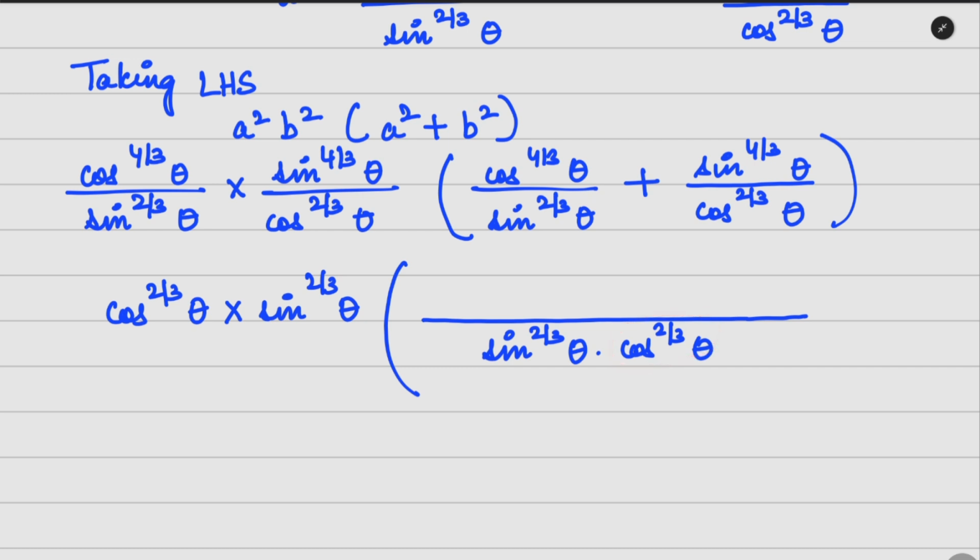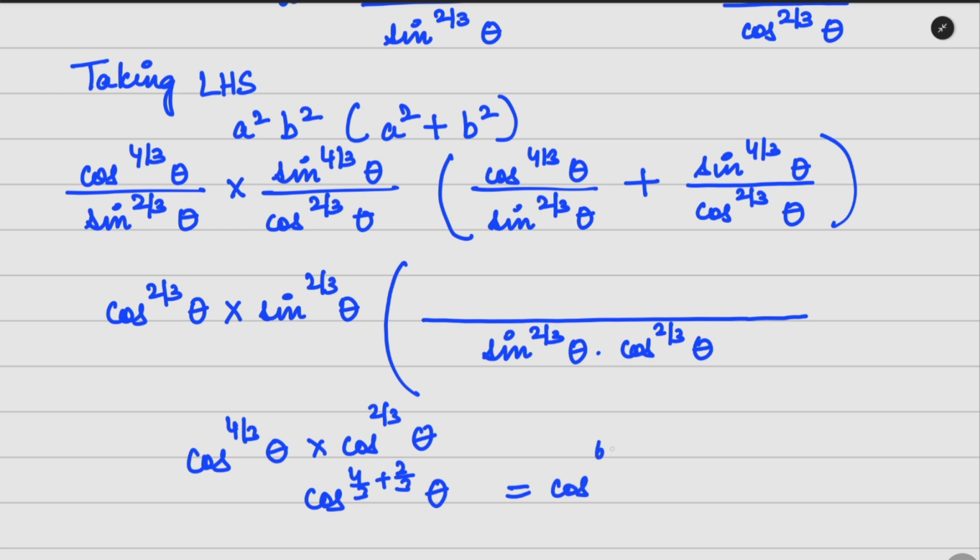When you multiply, the powers get added, right? So this is nothing but cos of 4 by 3 plus 2 by 3 theta, which is cos 6 upon 3 theta, which is nothing but cos square theta.